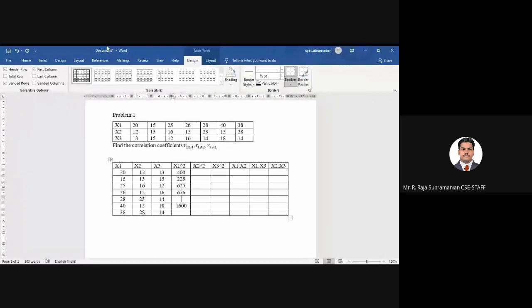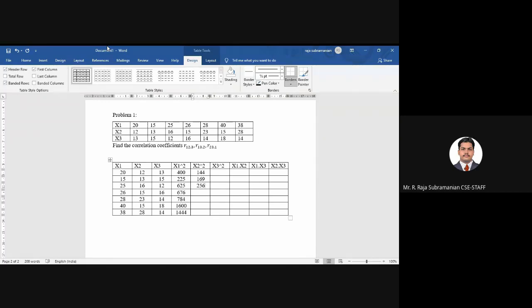What is 28 squared? 784. 38 squared, 1444. Similarly here it is 144, 169, and this is 256. Correct?